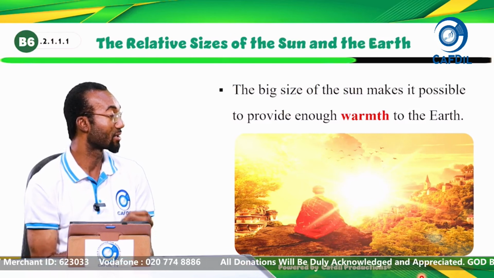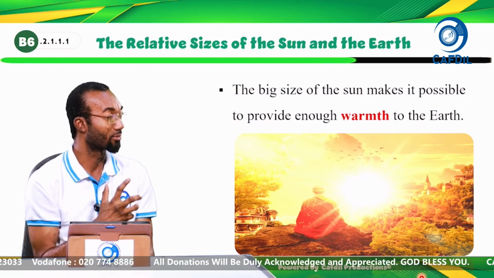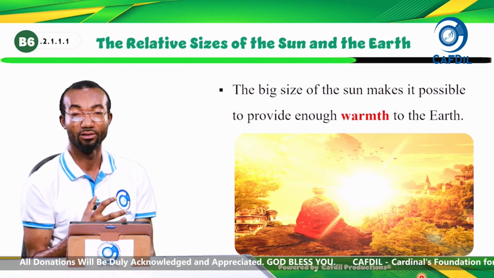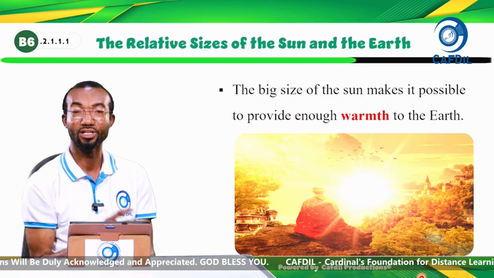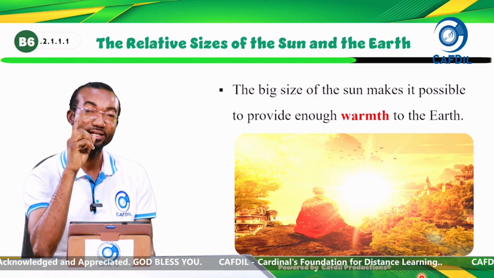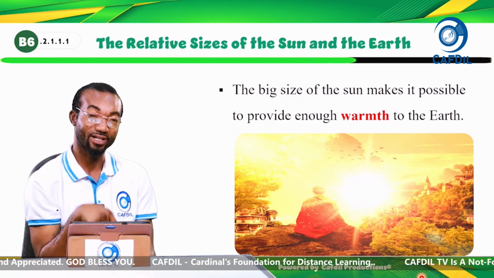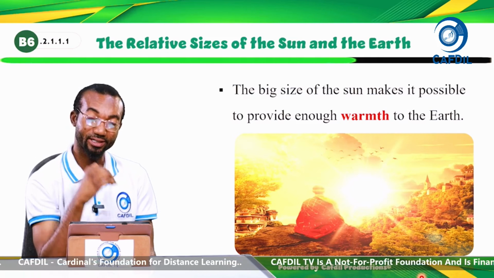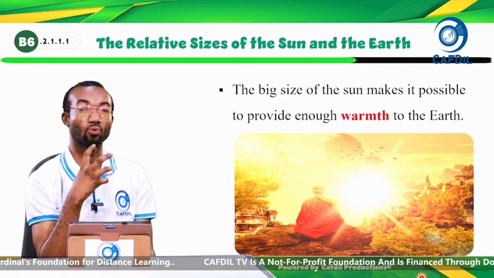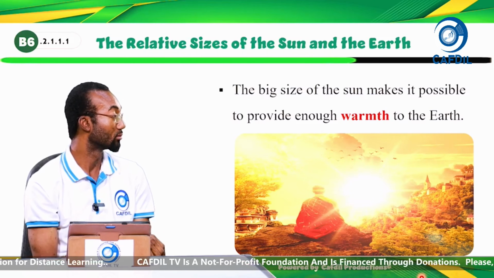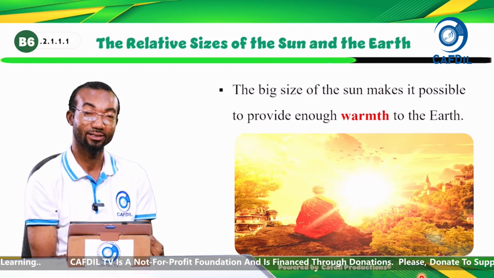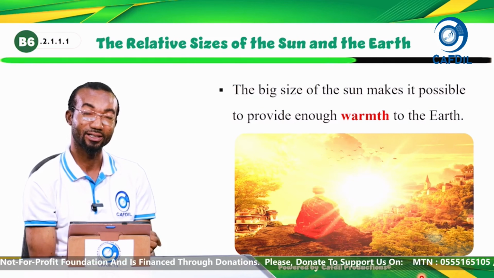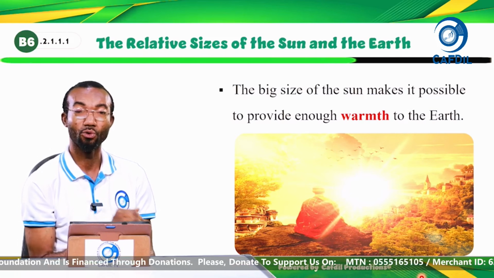The big size of the sun makes it possible to provide enough warmth to the earth. When the sun starts shining, it takes 8 minutes for the light of the sun to reach the earth. And when it reaches the earth, it keeps us warm. During the night, after 12 midnight, the weather becomes very cold.